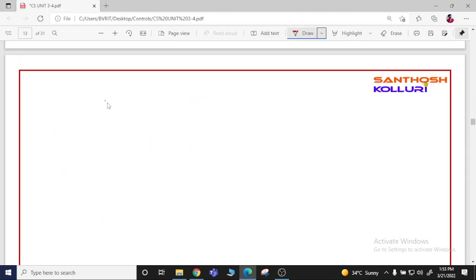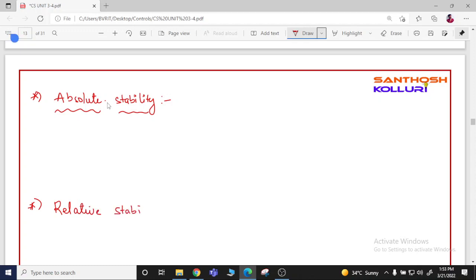Next one is absolute stability. And later we also have relative stability.